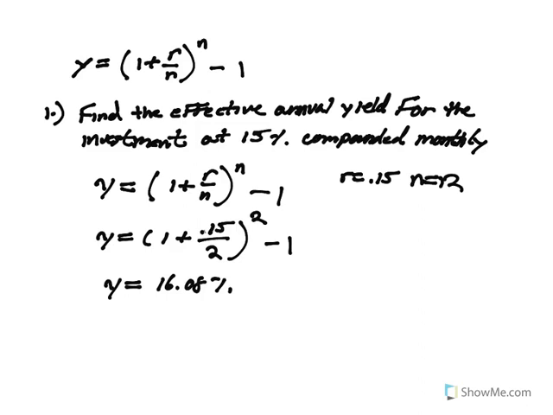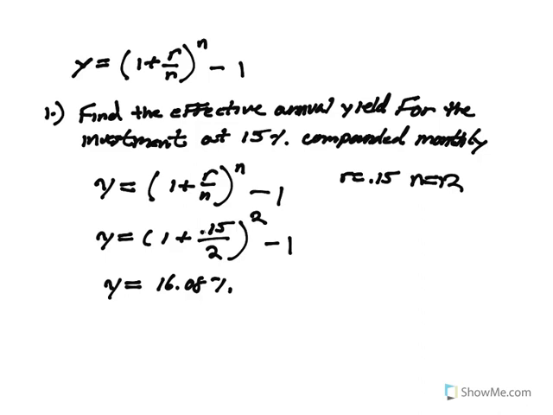I'm assuming that you're comfortable calculating the values in the formula. It's just a matter of order of operations. Do the division inside the parentheses, add the 1, and then raise it to the second power. You'll get a number, and then subtract 1, and you'll get your percentage.